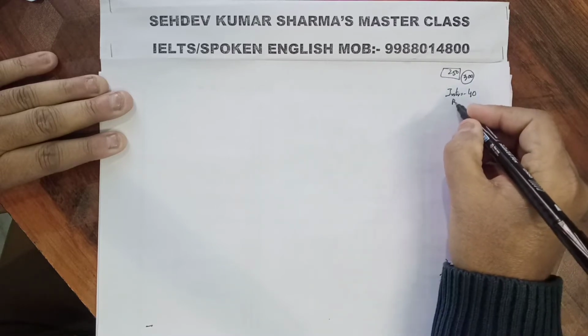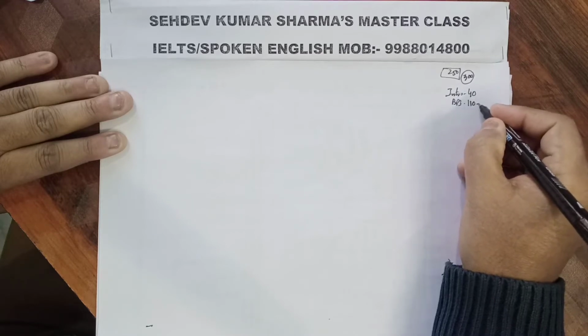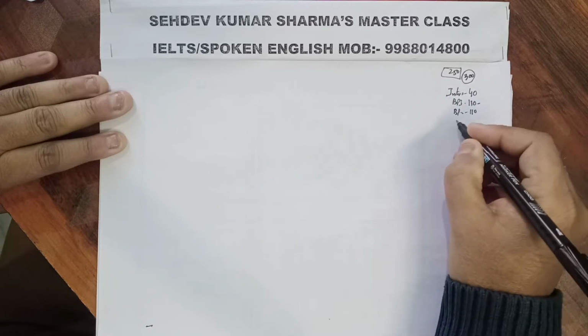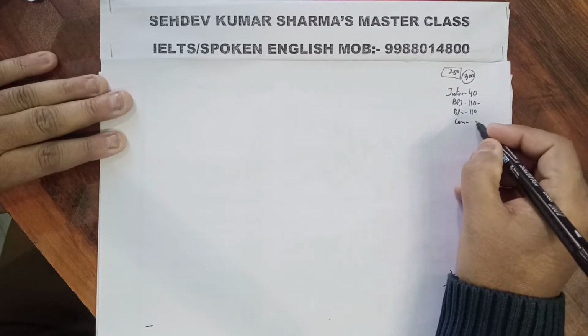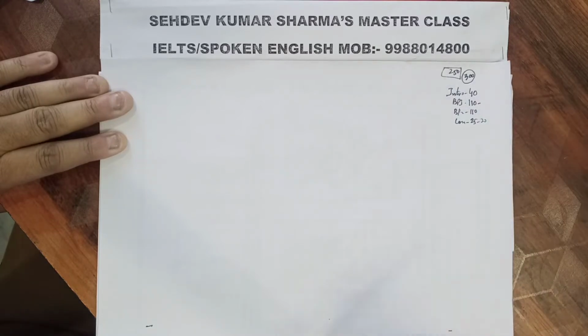The BP1 may go around 100 to 110 words, and BP2 110 words, and in the conclusion we can write 25 to 30 words. So all together, the total will be around 300.